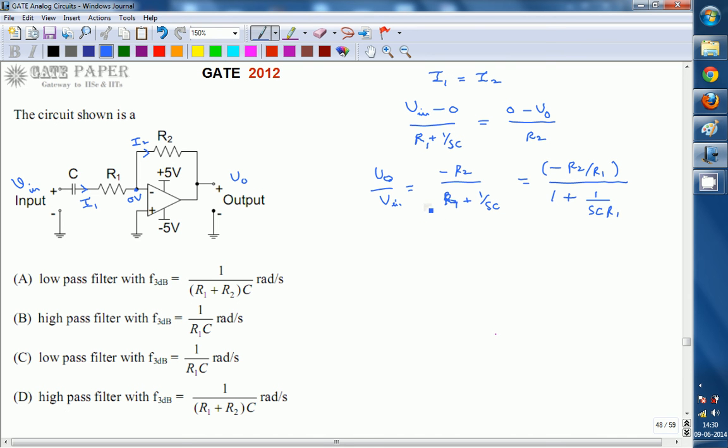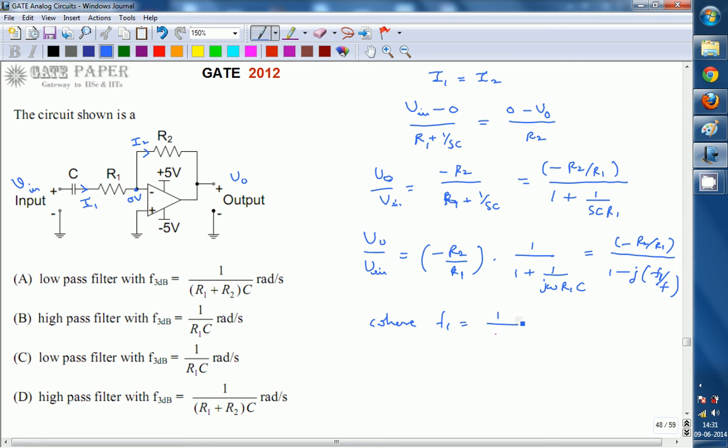We know that S implies j omega, so V naught divided by V in is equal to minus R2 by R1, this is the DC gain, times 1 by 1 plus 1 by j omega R1 C. This can be written as minus R2 by R1 divided by 1 minus j times F1 divided by F, where F1 is equal to 1 by 2 pi R1 C in Hertz.